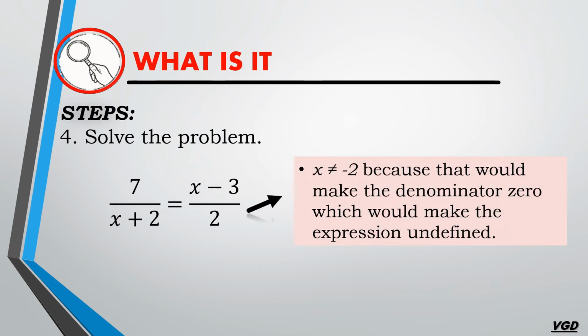Take note that x in the denominator should not be equal to -2, because that would make the denominator 0, and 7 over 0 will be undefined. So make sure to take note of that.